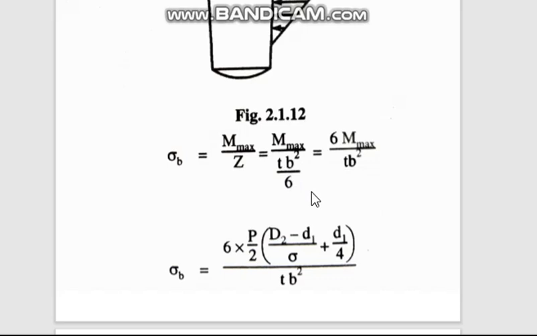You see, which of these two values is larger? T is big or B is big? B is big. So the square will be for B. Okay, so like that. So 6 M maximum of TB square, because the 6 has gone up. Okay, so this is the moment, and this is 6 upon TB square.